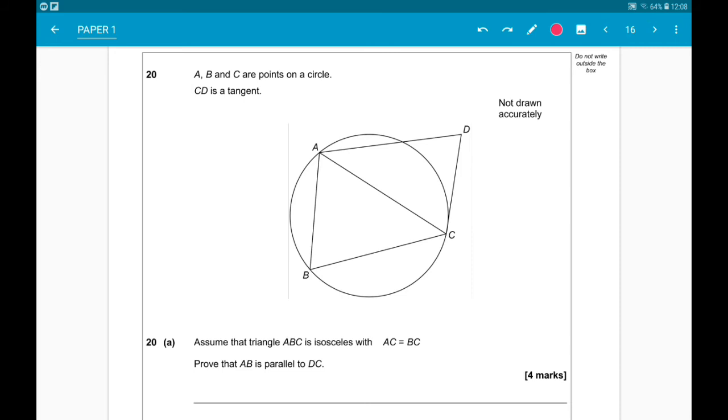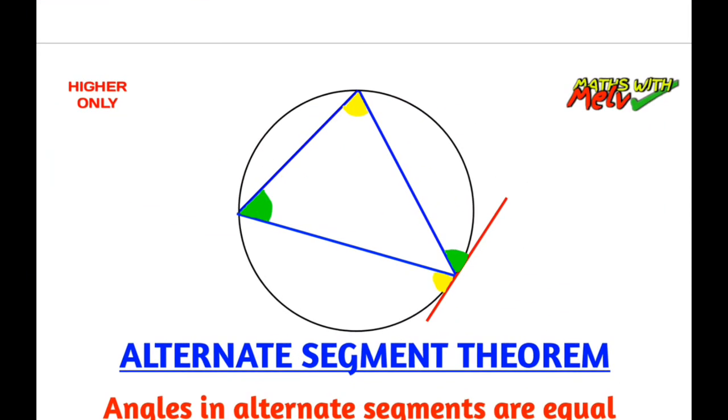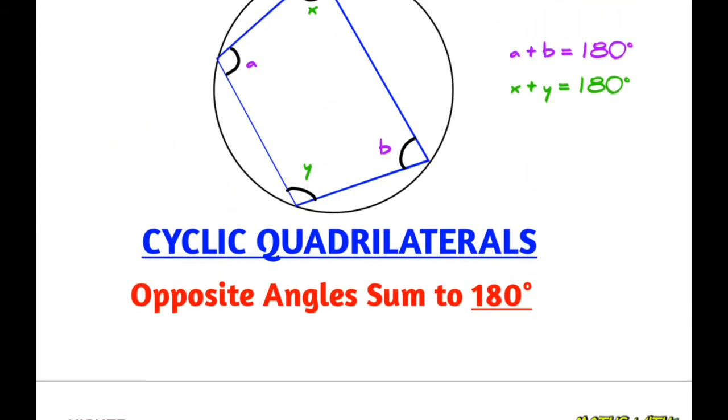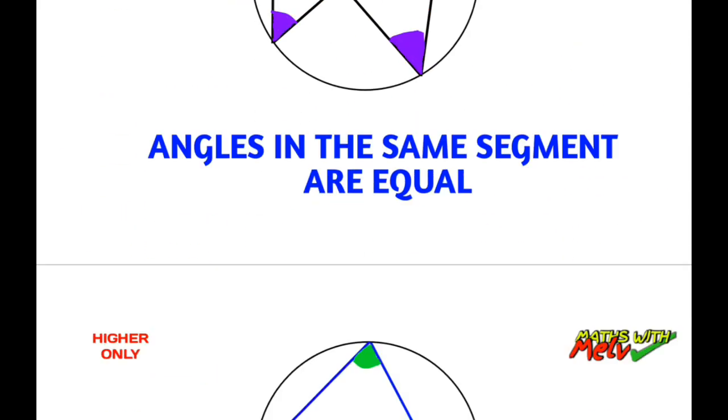From that, we then want to prove AB is parallel to DC. Okay, so first up, it is important CD is a tangent. Because of that, we're going to need the alternate segment theorem. Also in my circle theorems playlist, you can download this PDF with all the circle theorems you need to know.